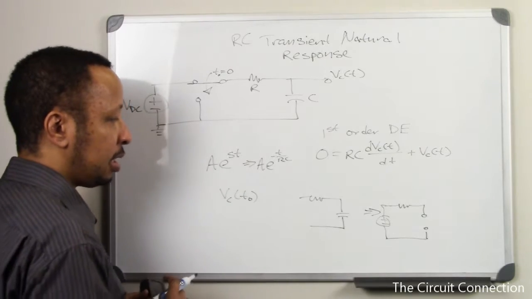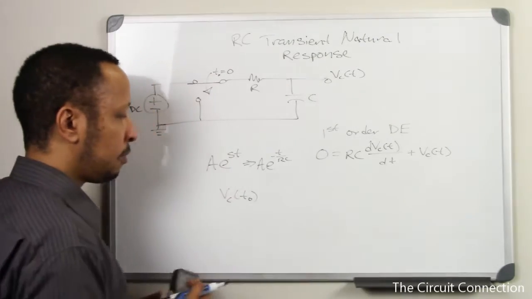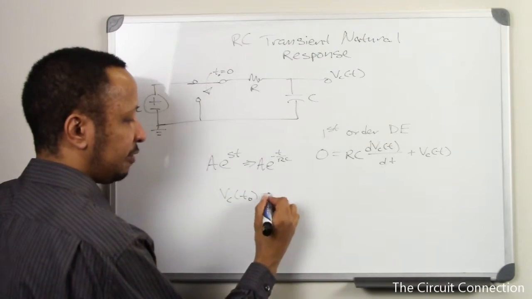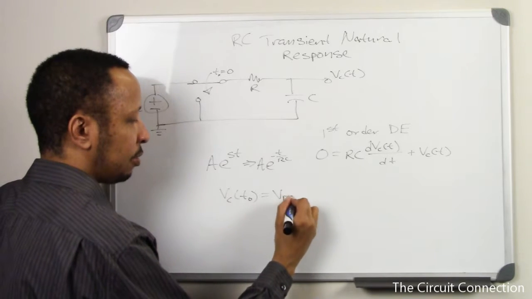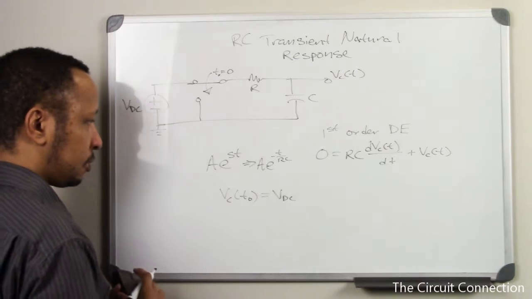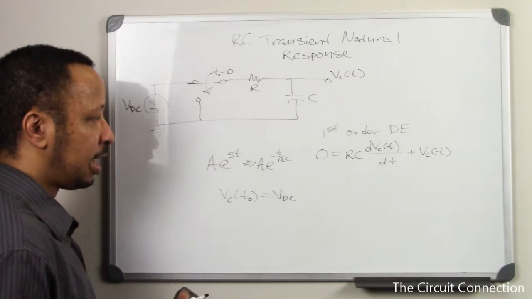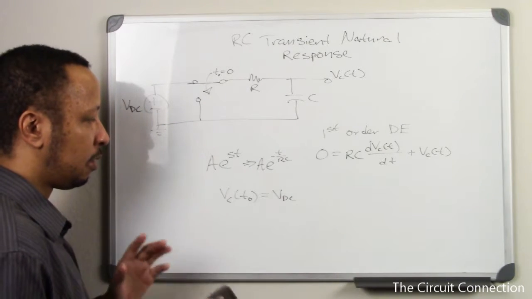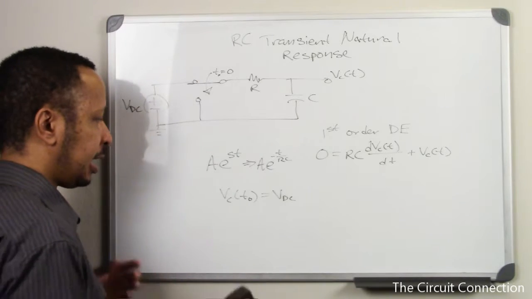With that being the case, you know that Vc of t sub 0 is going to be equal to VDC. So we're going to use that in order to figure out what A is.